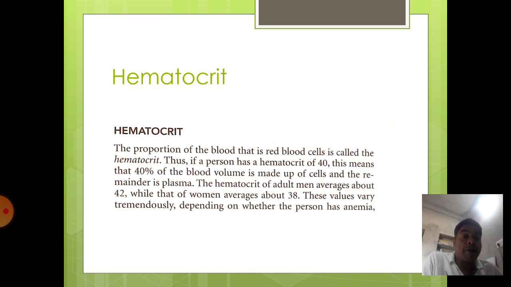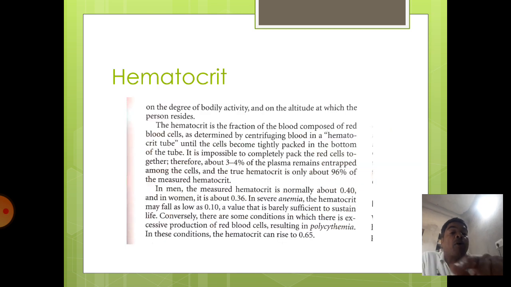The hematocrit of adult men averages about 42, while that of women averages about 38, and this value varies tremendously depending on whether the person has anemia or not, on the degree of bodily activity, and on the altitude at which the person resides.